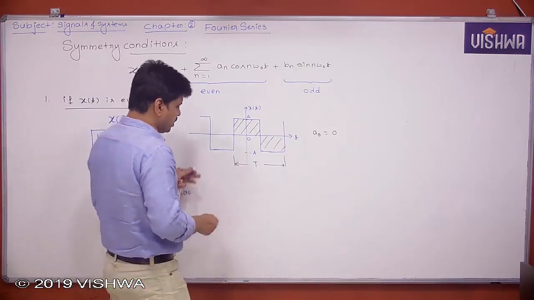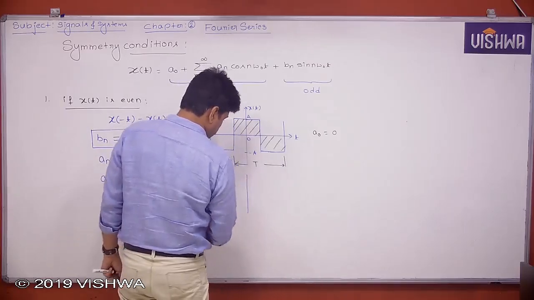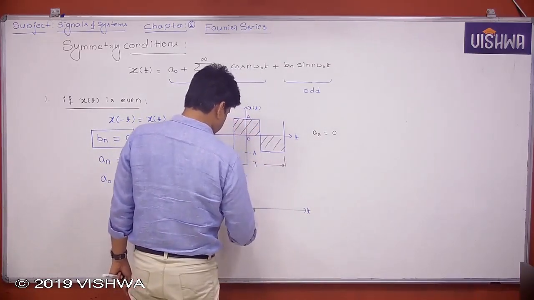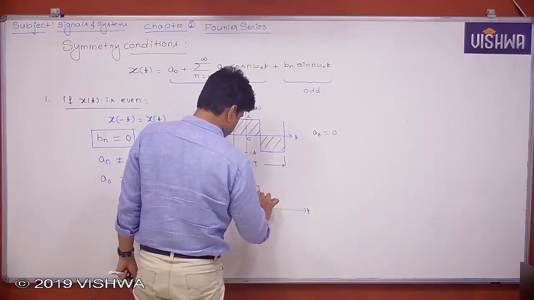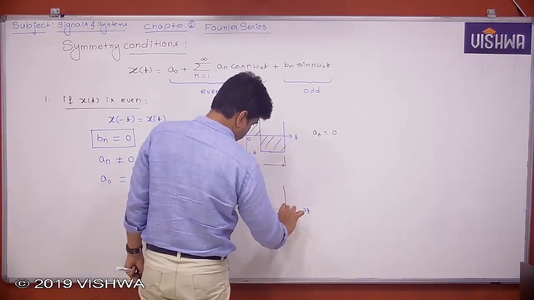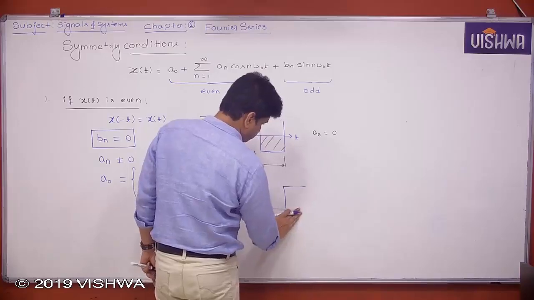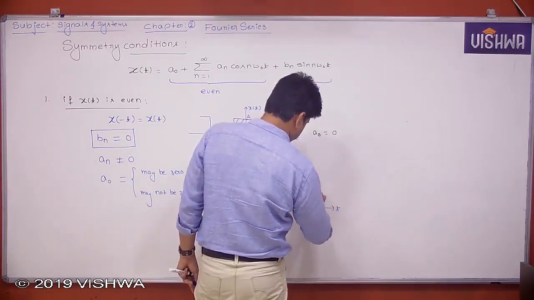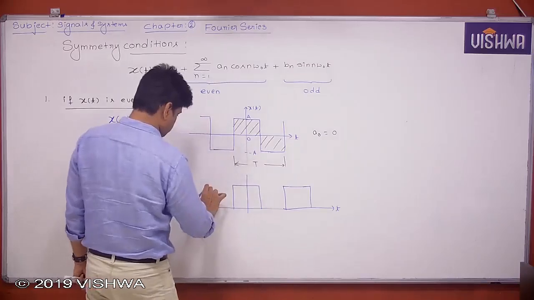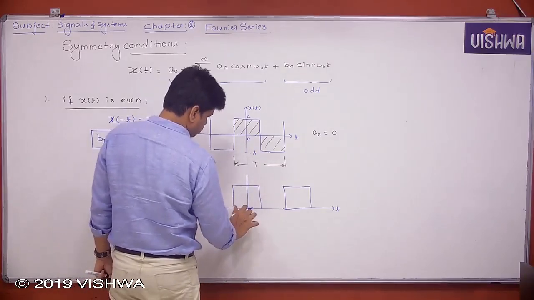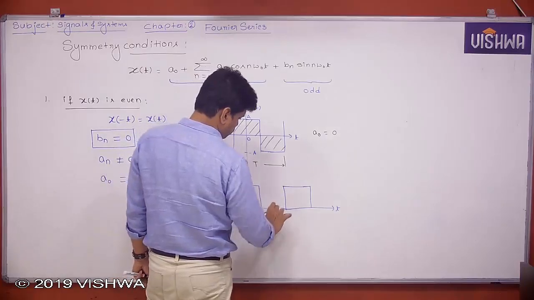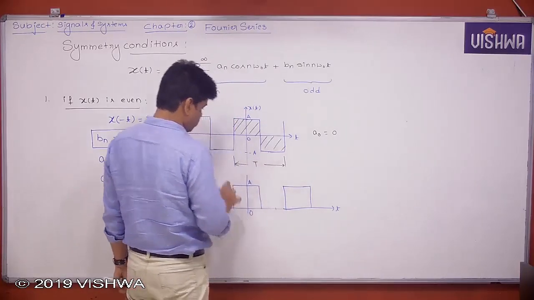Suppose I take another example. So let's see 0, t by 2, minus t by 2, like that.